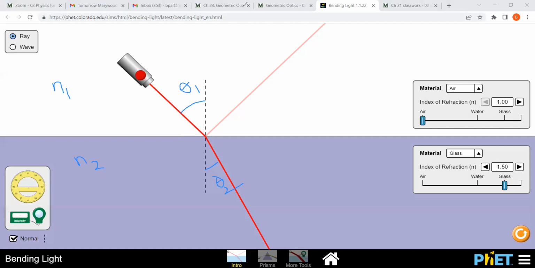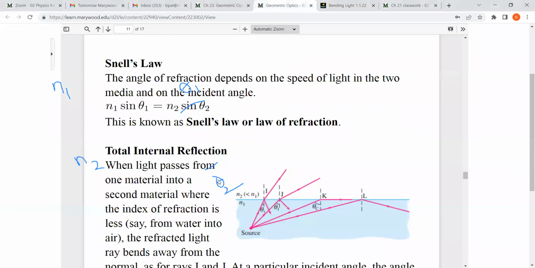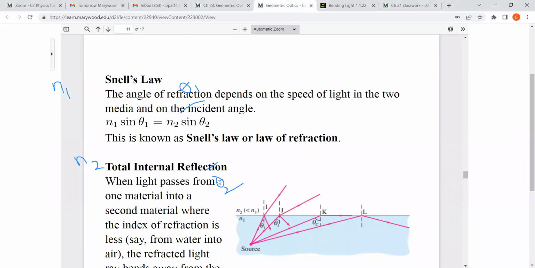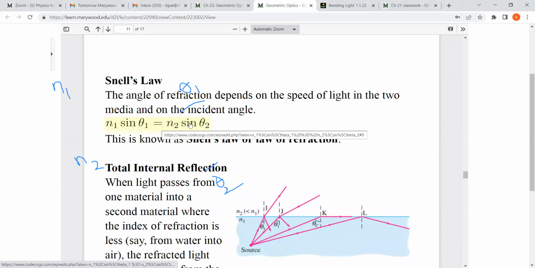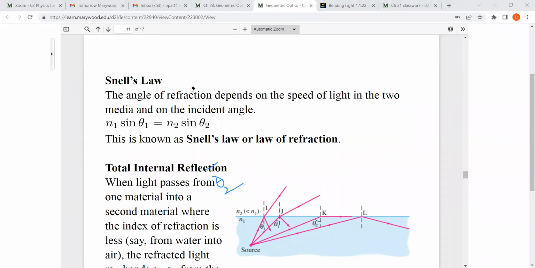The law tells us n1 sine theta 1 equals n2 sine theta 2. So remember that n1 times sine theta 1 equals n2 times sine theta 2. This is Snell's law, or the law of refraction.